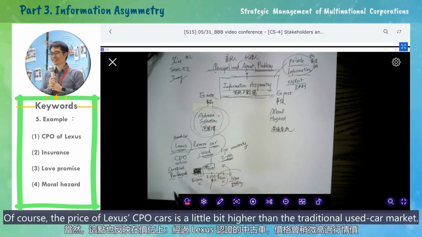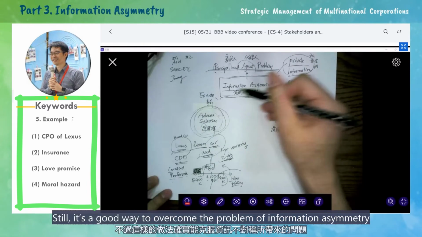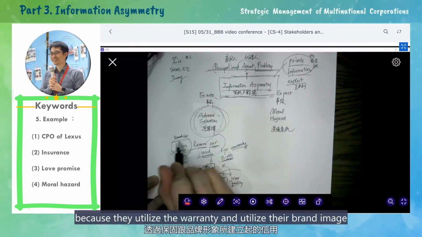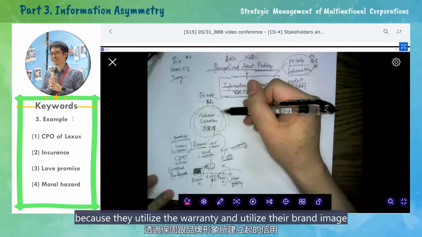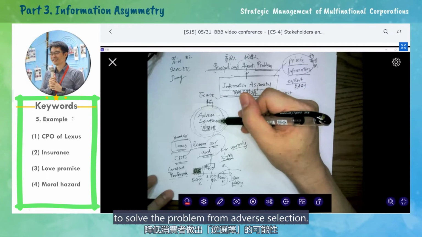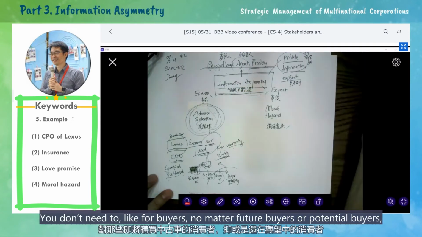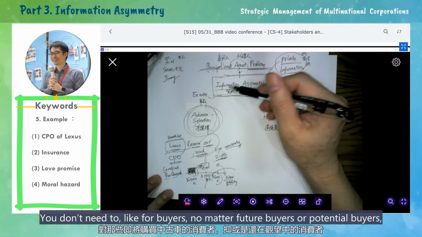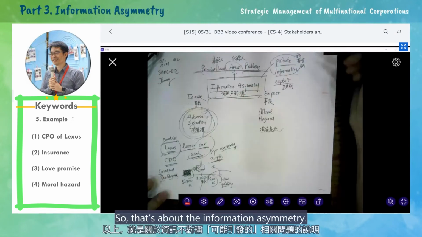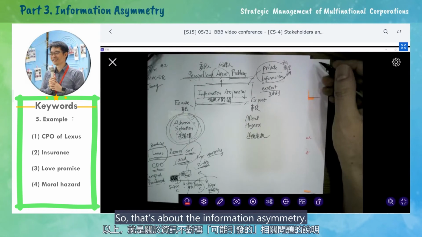Of course the price is a little bit higher than the traditional used car market, but it's a good way to overcome information asymmetry, because they utilize warranty and their brand image to solve the problem of adverse selection. So potential buyers no longer need to be afraid of buying the wrong car. That is about the problem that happens before the transaction.